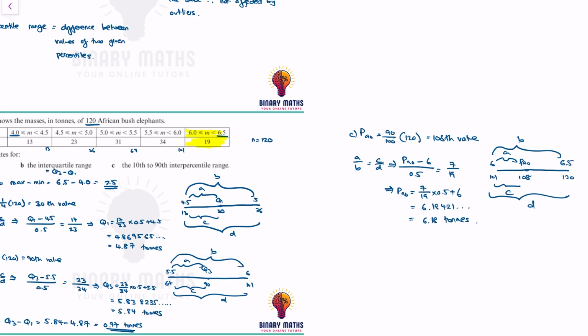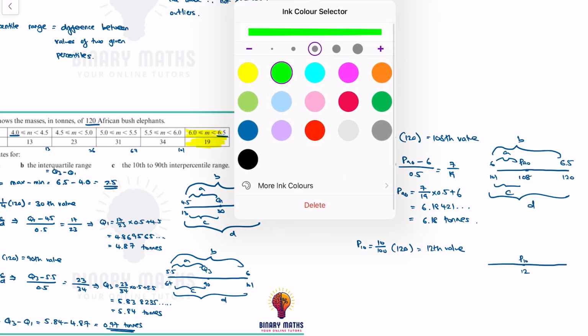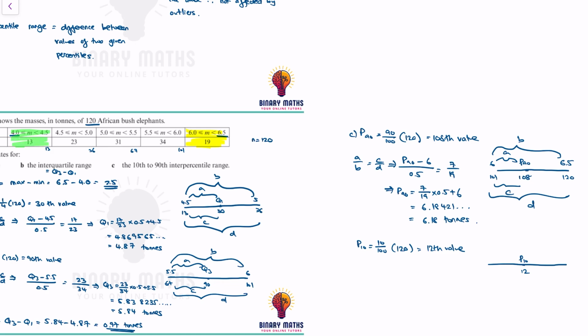Now I need to work out P10. So P10 is equal to 10 over 100 times 120, which is the 12th value. So P10 is the 12th value, which is going to be in the very first class interval. It goes from 4 to 4.5, going from 0 to 13.